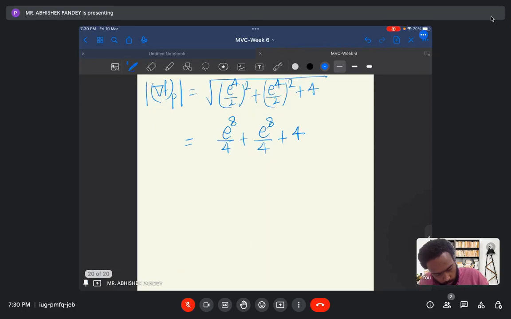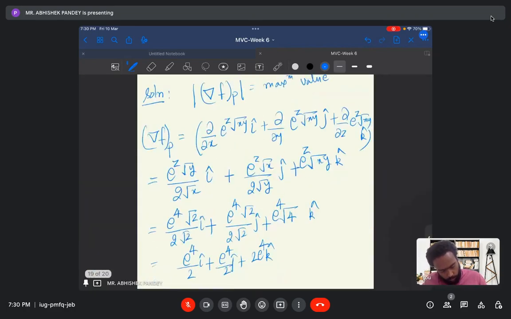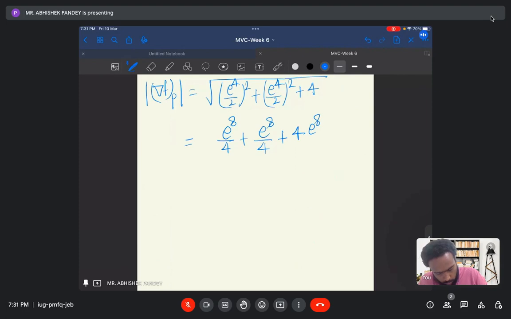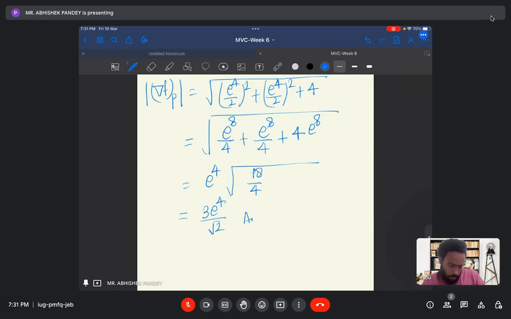Okay, so 4, 2 e to the power 4, so e to the power 8. Okay, under root. So this will be e to the power 4 under root 17 by 4. Okay, I think so. 16. No, sorry. So this is nothing but 18 by 4, which is nothing but 3 e to the power 4 by root 2. This is your answer.